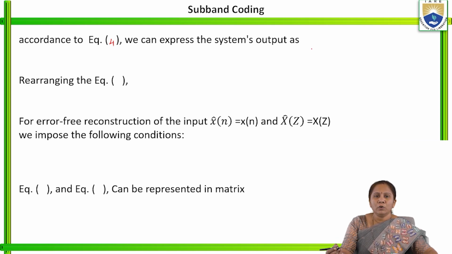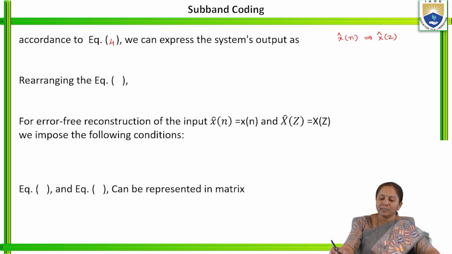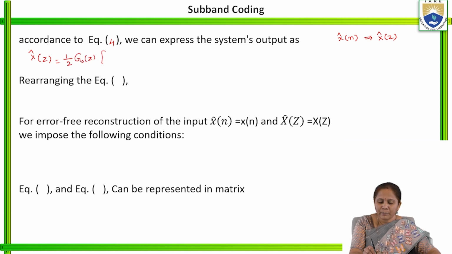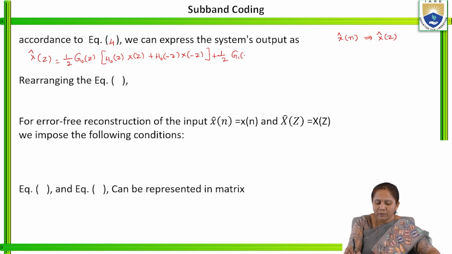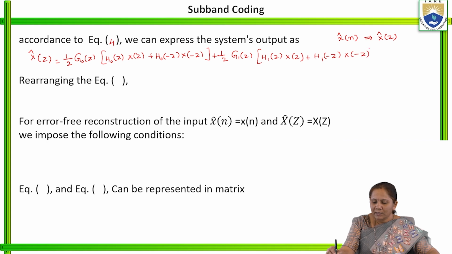We know the system output is x cap of n and its Z transform is x cap of Z. So the system output x cap of Z can be written as x cap of Z equals 1 by 2 G naught of Z into H naught of Z x of Z plus H naught of minus Z into x of minus Z, plus the next term 1 by 2 G1 of Z H1 of Z into x of Z plus H1 of minus Z into x of minus Z. Consider this as equation number 5.